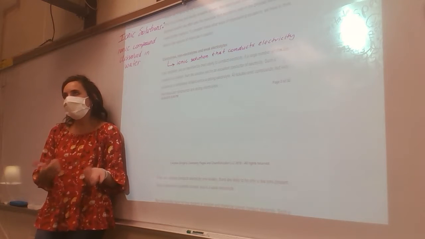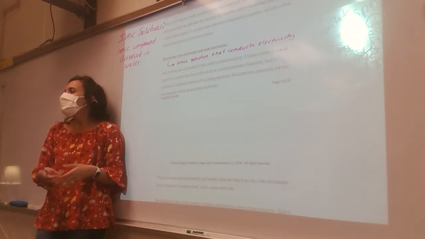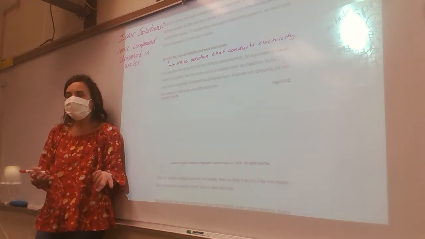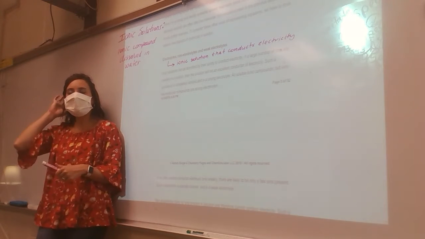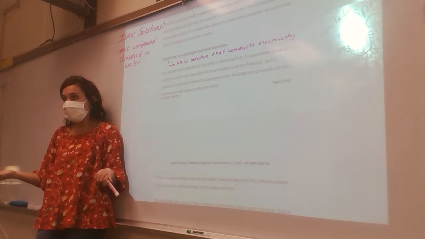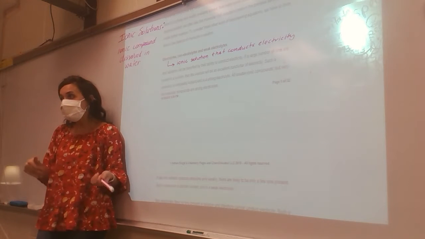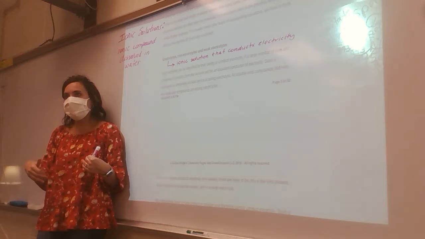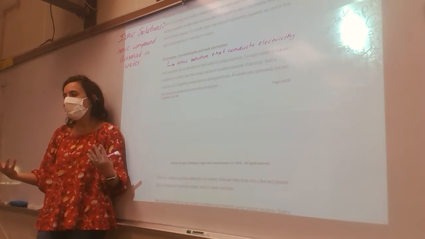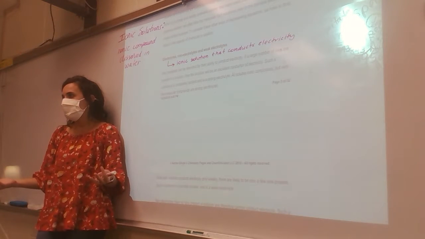That's why they call Gatorade an electrolyte, because it has salt, sodium chloride, and potassium chloride. When we sweat, we lose those, and our body needs to replace them because body functions require ions.